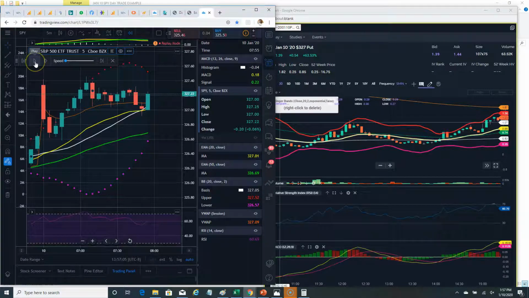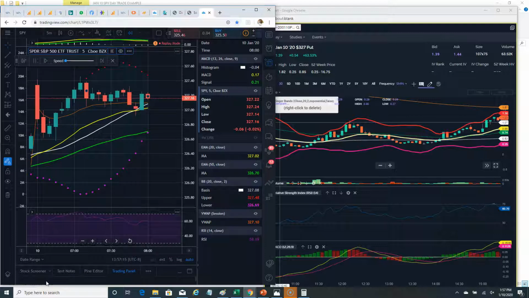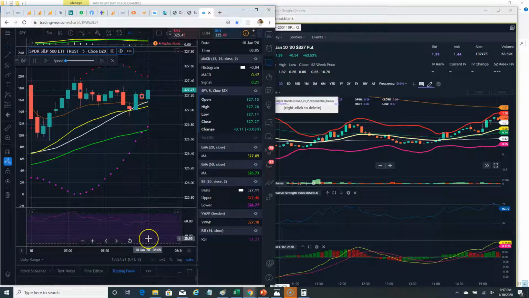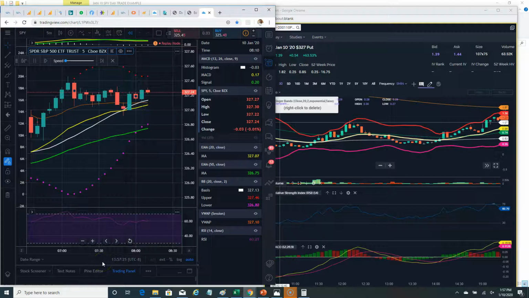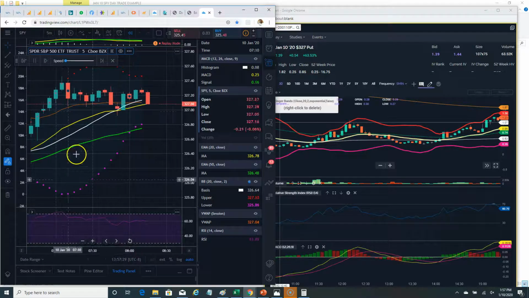Again, each 5 seconds we will get one candle of 5 minutes. That's the first one. Right now it's 8 a.m. Pacific time. That's the next one, 8:05. We're still in positive territory, above VWAP in orange and above all moving averages.